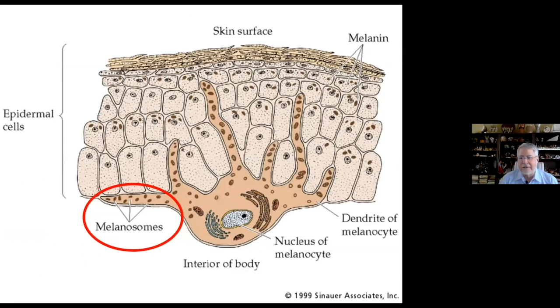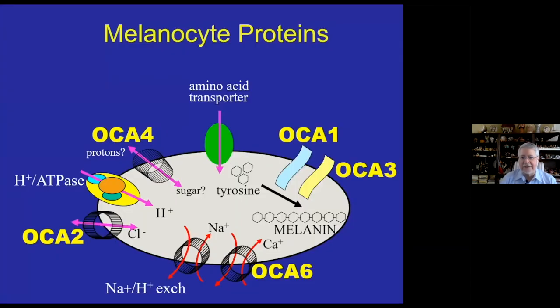So moving on to what we know about the different genes involved in albinism. If we hone in on those factories that make pigment in the skin cells, those melanosomes, we can actually see what the genes that are responsible for several different forms of albinism actually do.